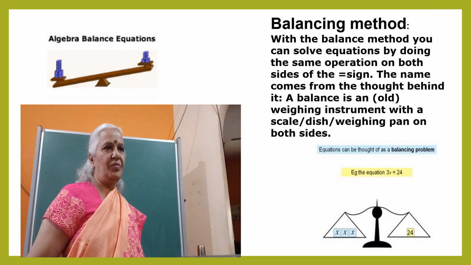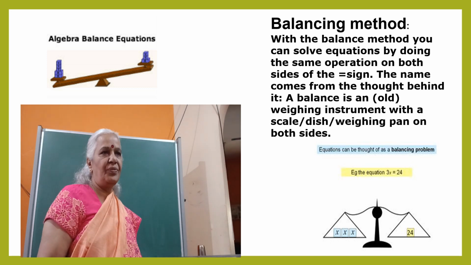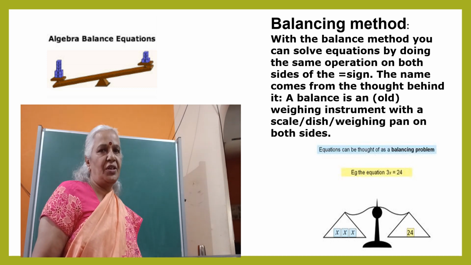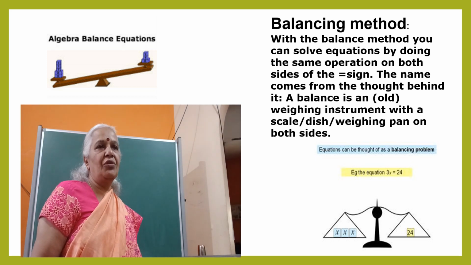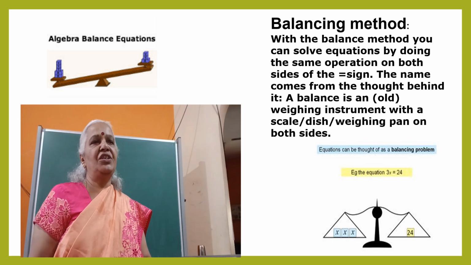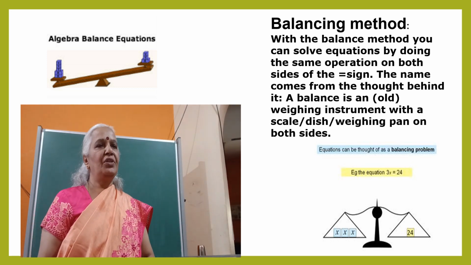Balancing method. With the balancing method, you can solve an equation by doing the same operation on both sides of the equal to sign. The name comes from the thought behind it. A balance is an old weighing instrument with a dish or a weighing pan on both the sides.